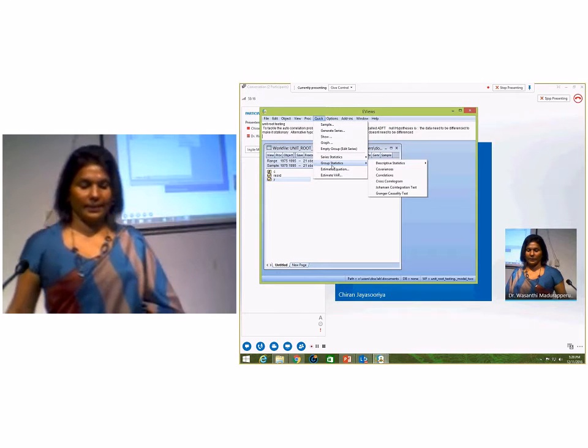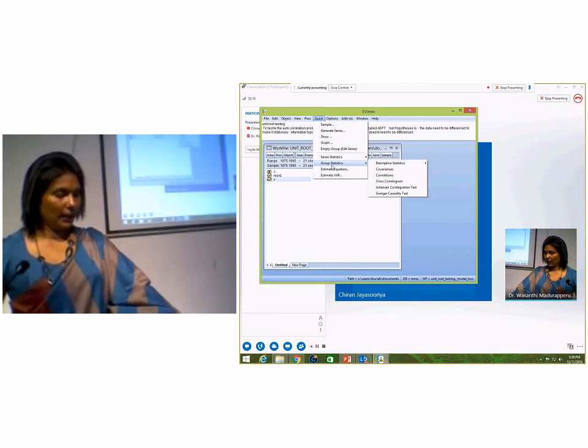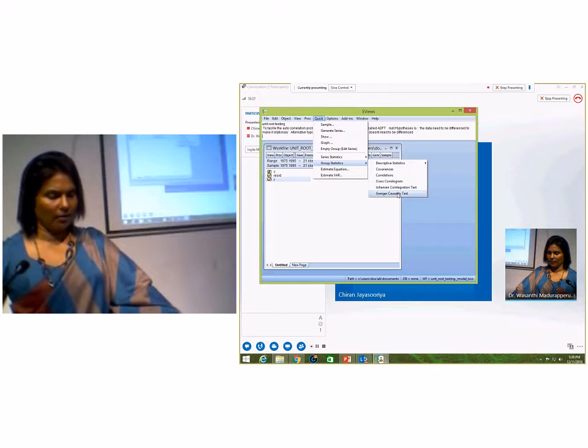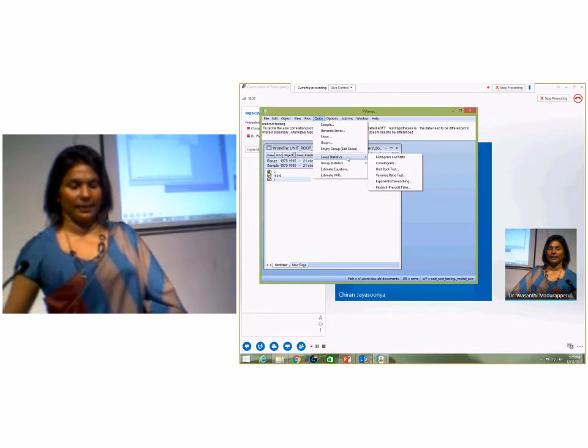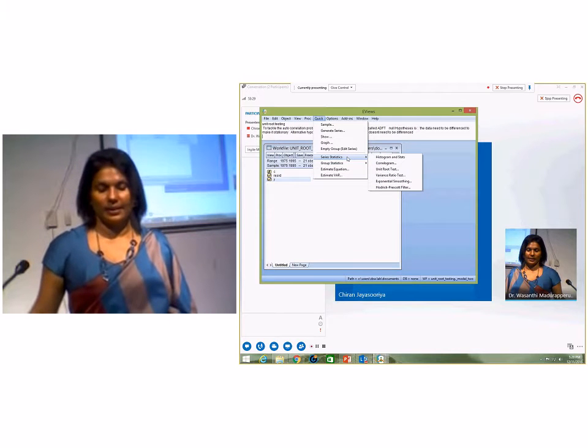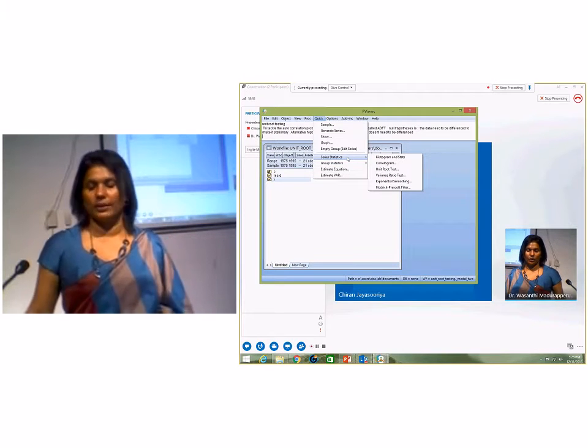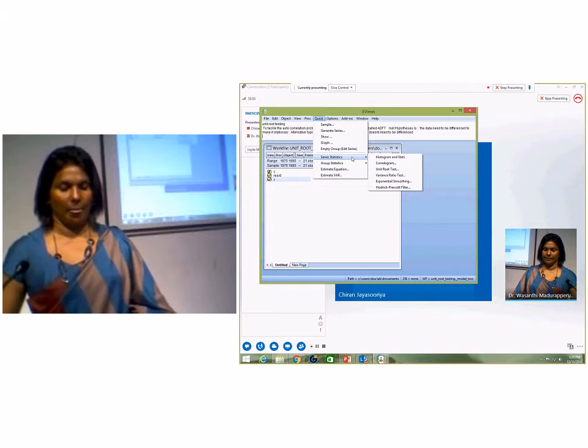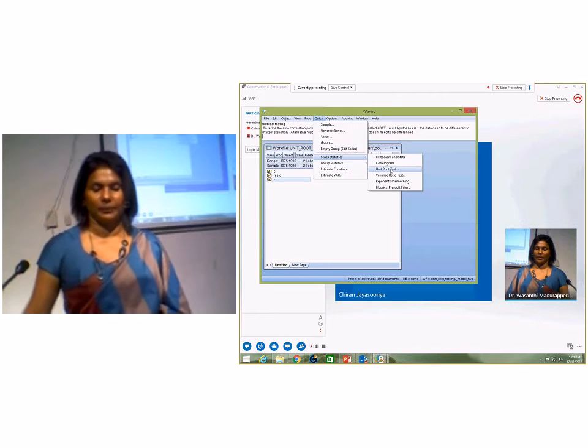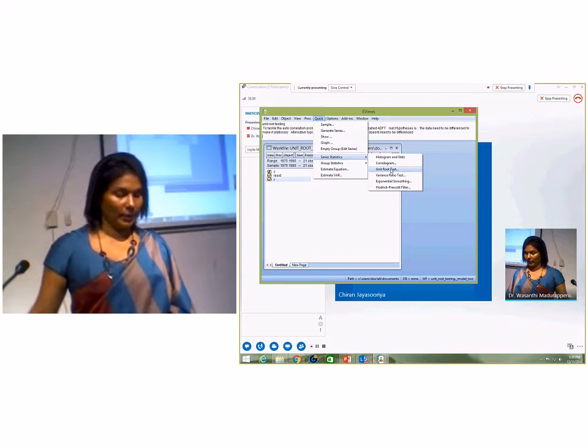Under Group Statistics there is Series Statistics. Right, Quick, Series Statistics, Unit Root Test. This one, right? You remember the path.